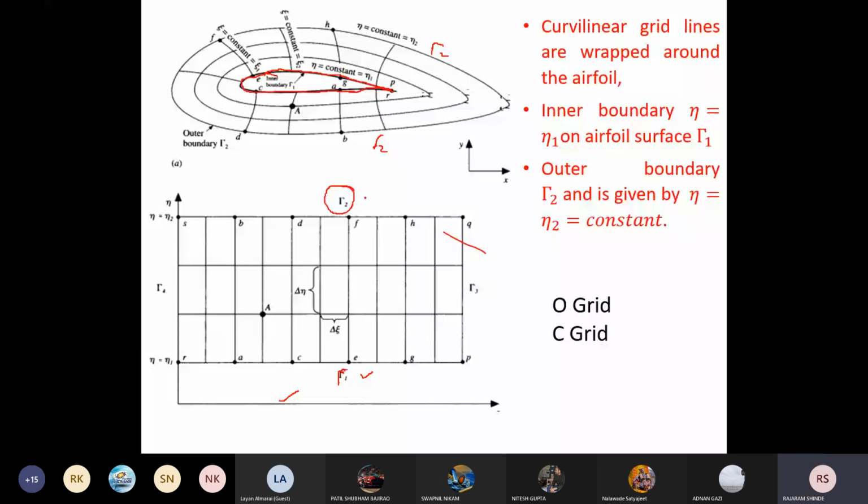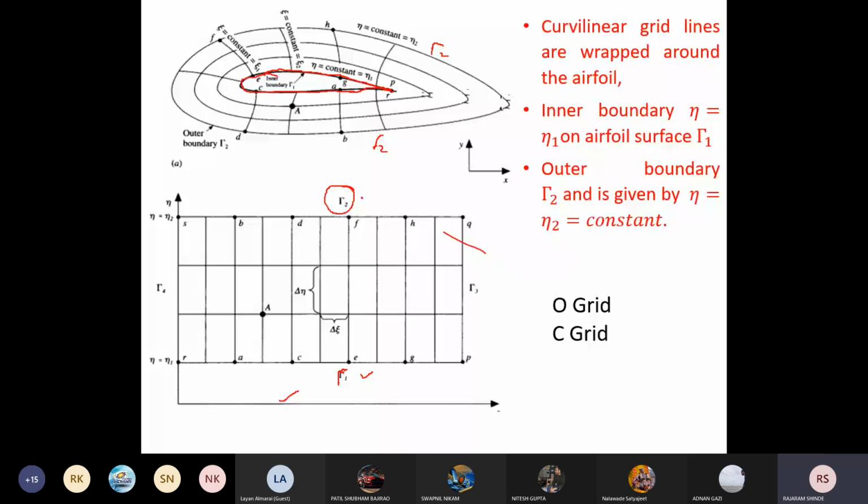Now, fitting the boundary, it is fitting the boundary, so it is known as a boundary fitted coordinate system. The lines which are coming out from the inner boundary to the outer boundary, and that are intersecting the inner as well as the outer boundary, are the lines for constant xi coordinate.